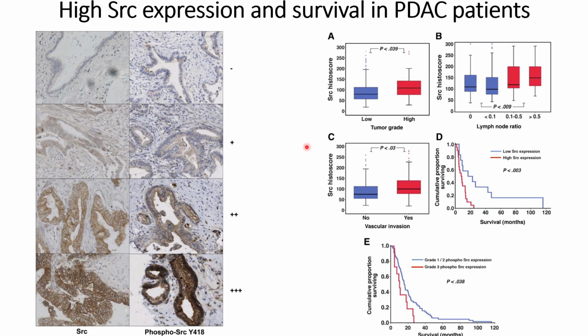In the lower grade tumors, the activation is less compared to the higher grade, and that leads to a higher survival rate. In order to compare these things, they analyzed around 23 patients at different tumor grades, and then found out the phospho-SRC expression in them.